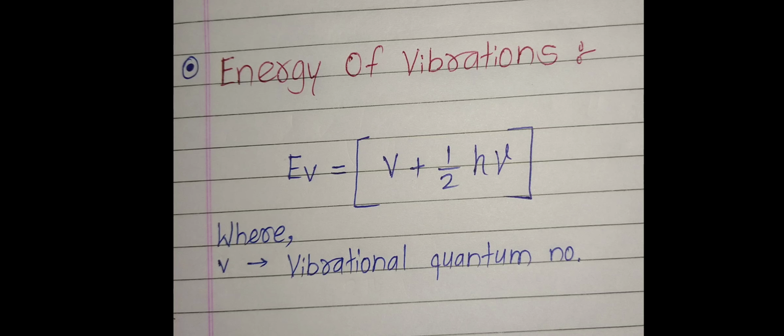The equation is Ev = (v + 1/2) hν, where v is the vibrational quantum number whose integral value can be 0, 1, 2, 3, etc. It is called energy of vibrations.